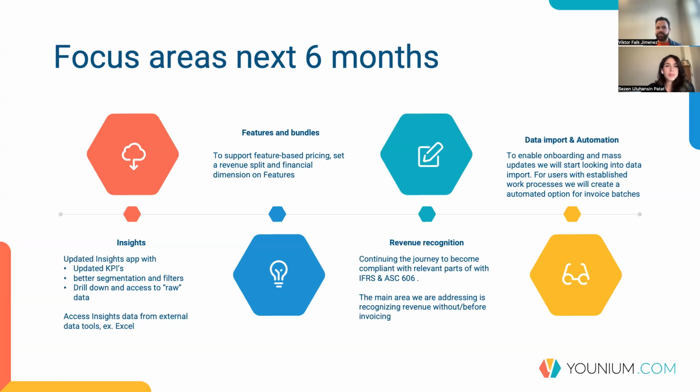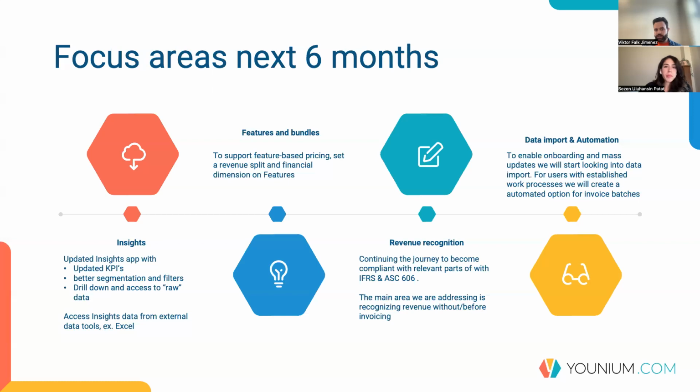We want to add a revenue split and a financial dimension to those features. That means that you can split your revenue and see what products are earning what kind of revenue, to be able to do more calculation and gain more insights on what products are the most profitable in your product offering.